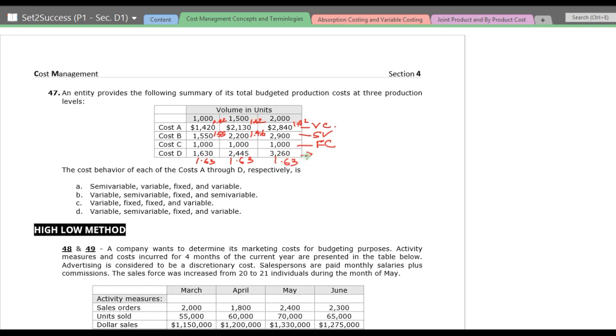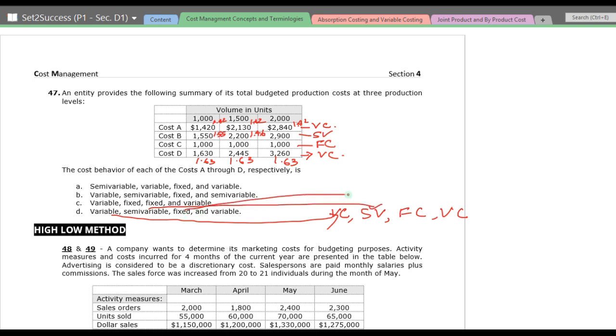So this is the behavior of variable cost. So cost A is variable cost, cost B is semi-variable cost, cost C is fixed cost, and cost D is variable cost.